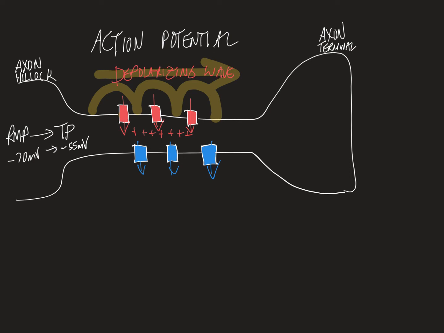That positive causes the other one to open, which makes it more positive, and so this goes down the axon. For a long axon, it would look like a little sausage all linked together, these little myelin-sheathed chunks of the axon, and that signal goes down the axon.